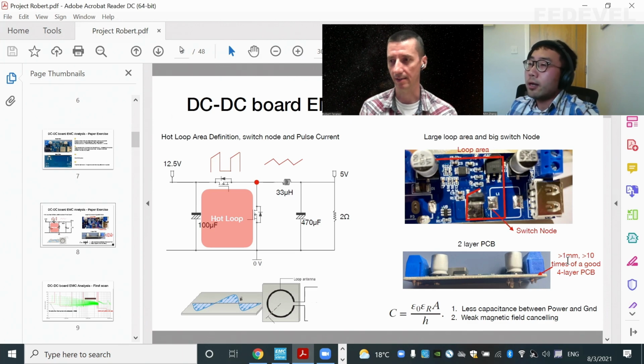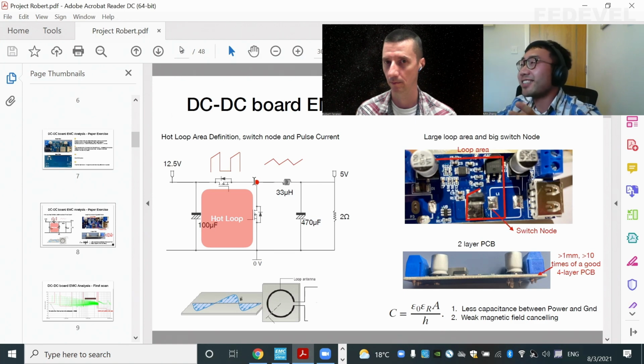Okay, that's interesting. Because really you just need to look at the switch node. In this case, the switch node is on the input side, so you just need to be careful about the input design. Whereas for the boost converter, the switch node is on the other side. Okay, what about the value of the input capacitor?